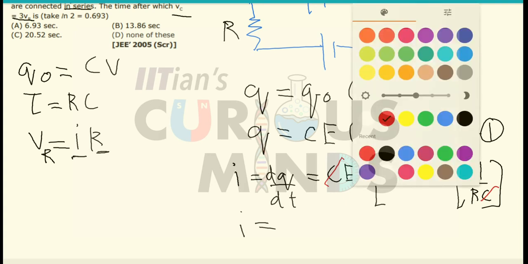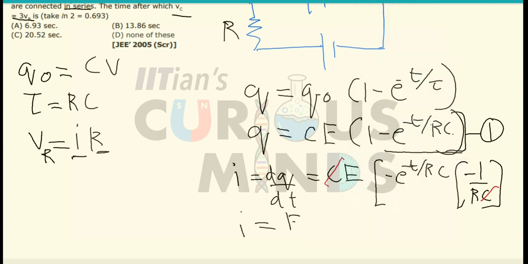So the current will be equal to E divided by R into e raised to minus t divided by RC.